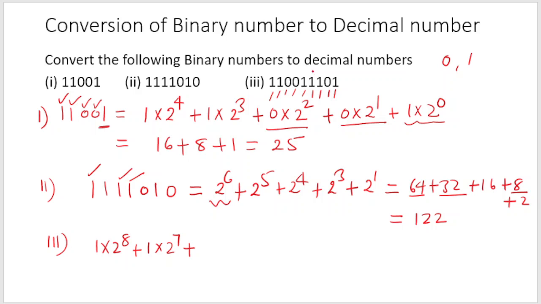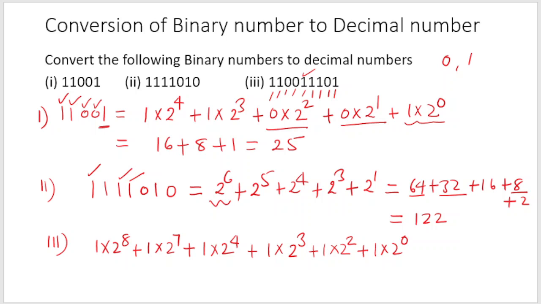Then there are 2 zeros, so no need to write anything. Now this one is coming in the fifth position, so I will write 1 into 2 to the power 4. The next one is in the fourth position, so 1 into 2 to the power 3, and then plus 1 into 2 to the power 2, and then we have 0, so no need to write, and finally we have 1, so 1 into 2 to the power 0.